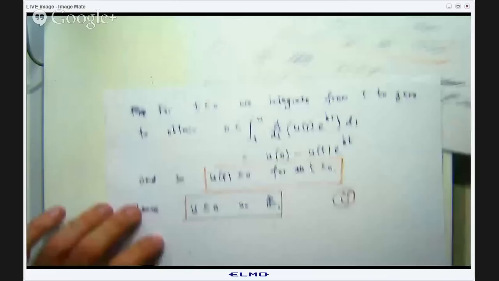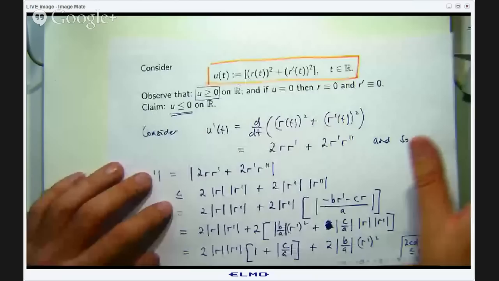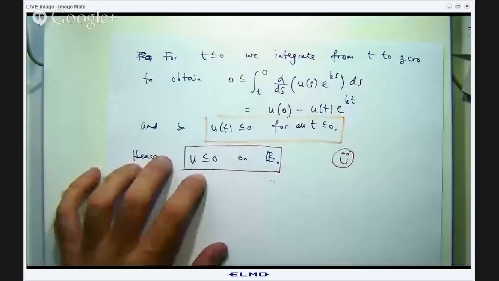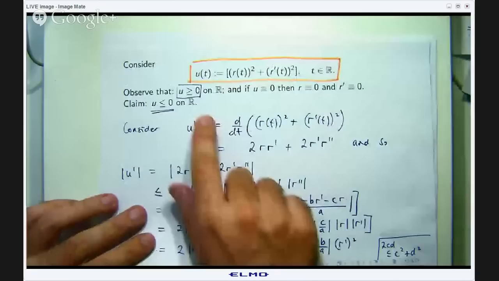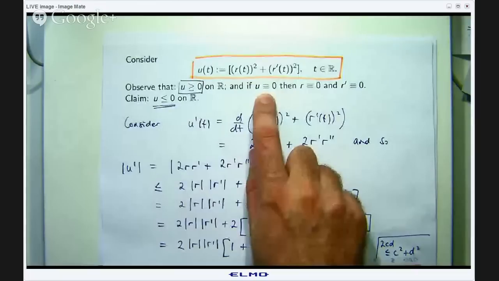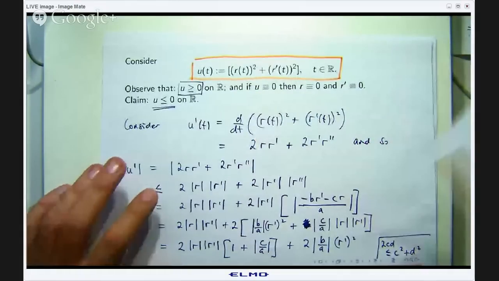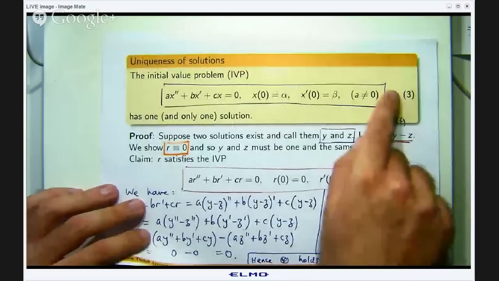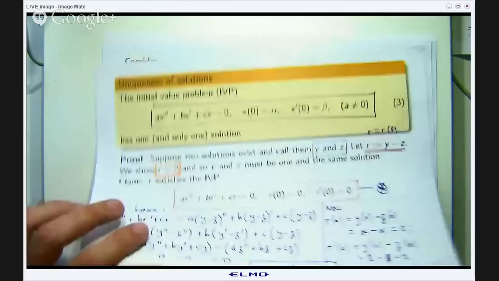Okay, so let's get back to our claim. We've claimed that u is less than or equal to 0 on the whole line. We just proved it using some differential inequalities, and the fact that u is greater than or equal to 0 tells us that u is identically equal to 0. So what does that mean? It means that r must be identically equal to 0. So any two solutions to this problem must be the same solution.